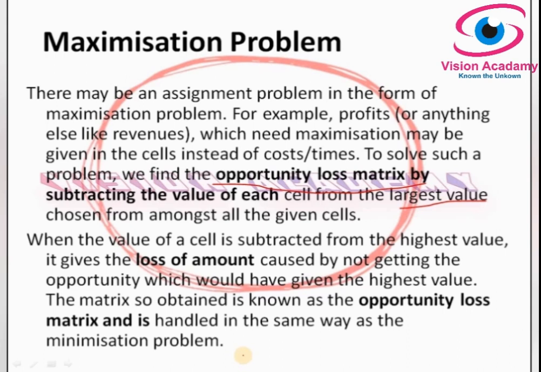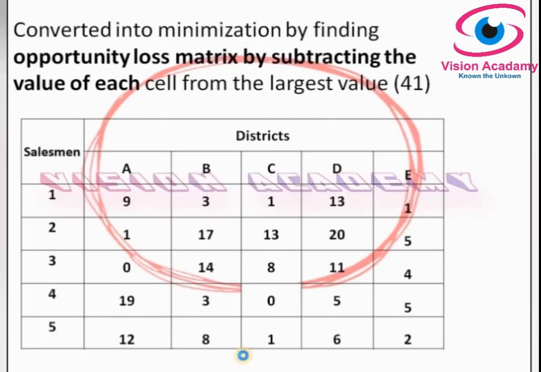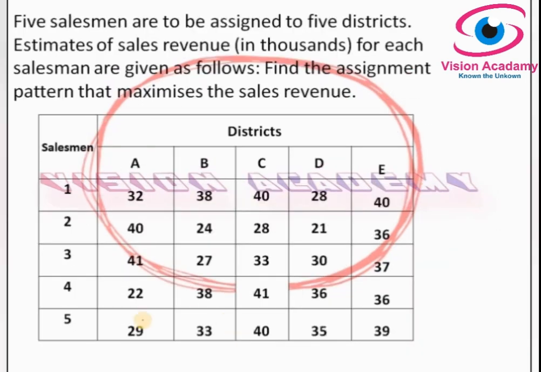Okay, so this is the problem we have, for which we have to make a maximization of assignment problem. So as we said already, we have to prepare an opportunity loss matrix. To prepare it, we should identify the largest value in this matrix.